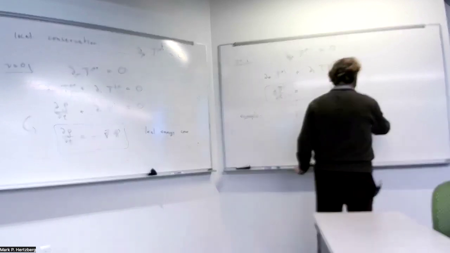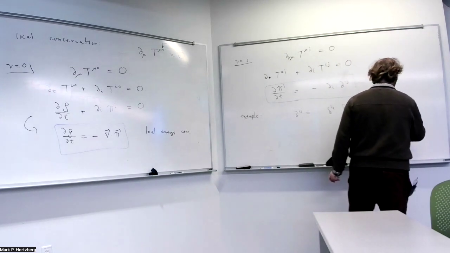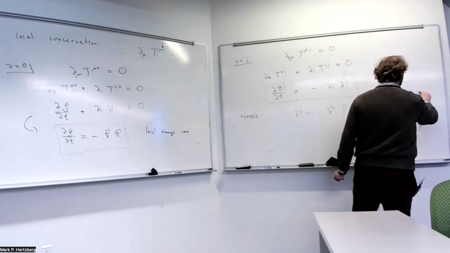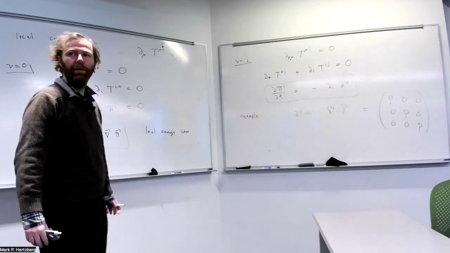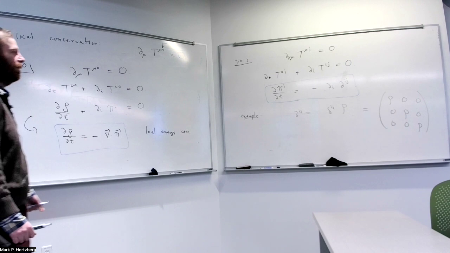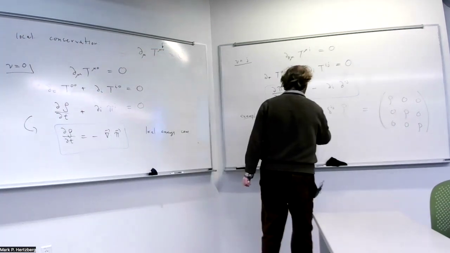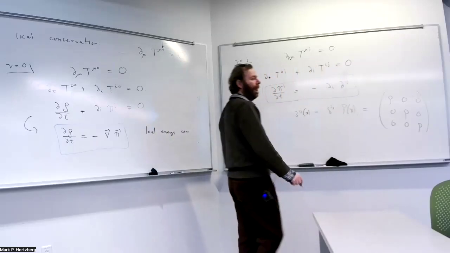So in other words, it's just P, P, P, zeros everywhere else. Okay, so that's the simplest case you could imagine. It's just proportional to the identity. Remember, these are generally functions of space-time, so the P can be some function of space-time.